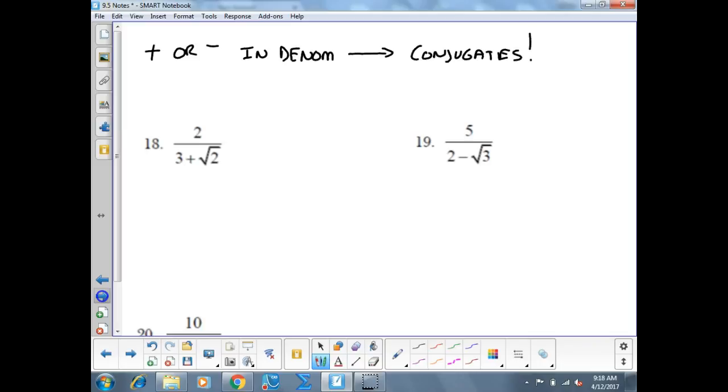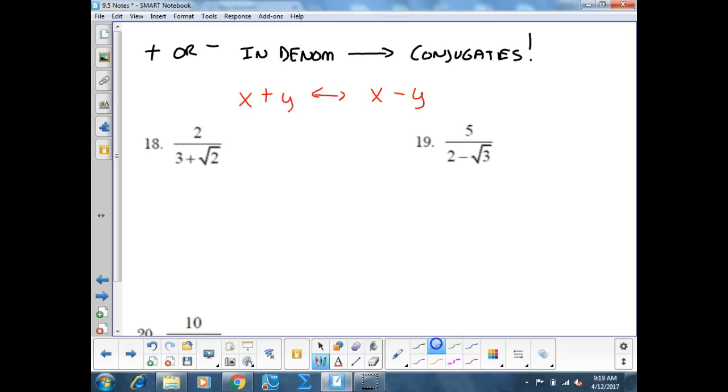Remember that a conjugate is, if I have x plus y, the conjugate then becomes x minus y. Same terms, just change the sign. Likewise, if it's x minus y, the conjugate would be x plus y.